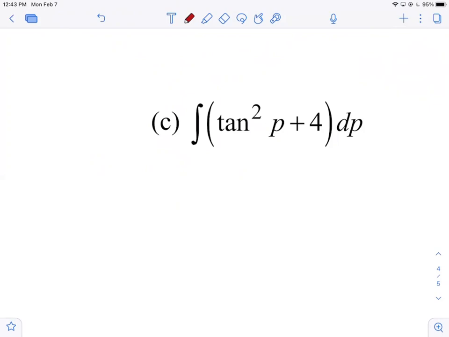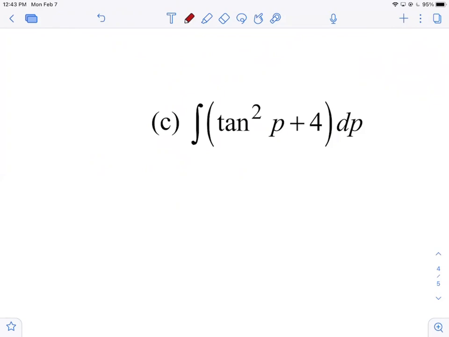So 4, you just stay put. I need to work on tangent squared. It's got trig in it, so maybe it'll involve trig, right? The derivative of what is tangent squared? Is tangent squared a known derivative? No, I know the derivative of tangent is secant squared, and the derivative of cotangent is negative cosecant squared.